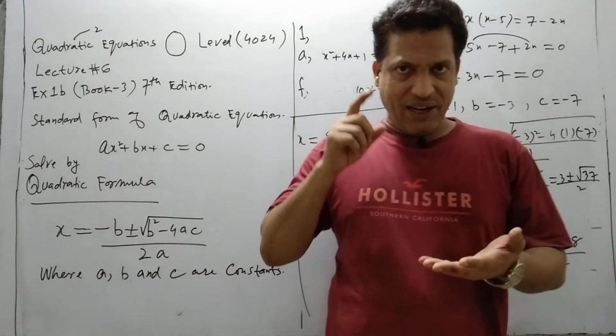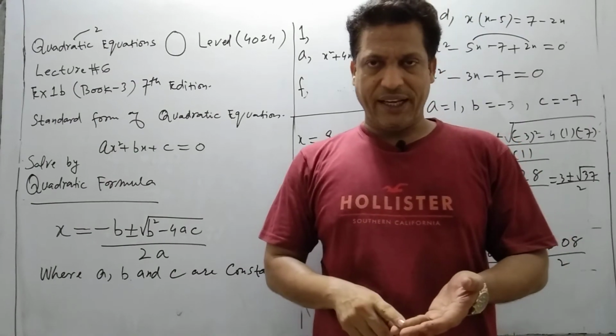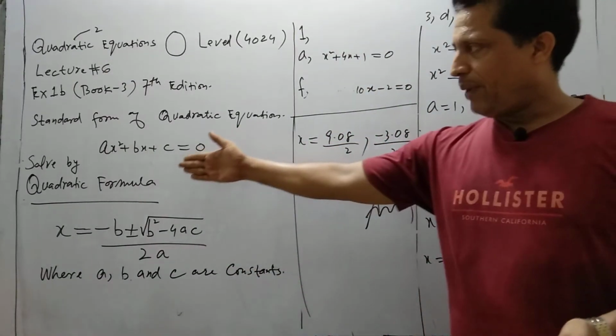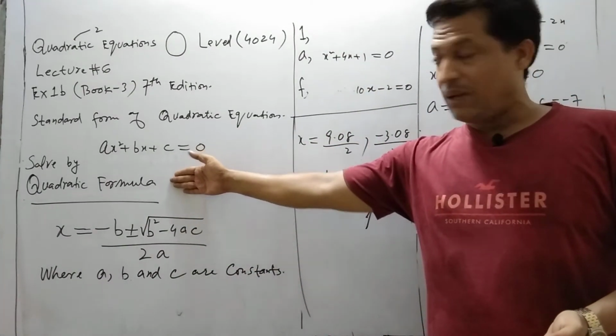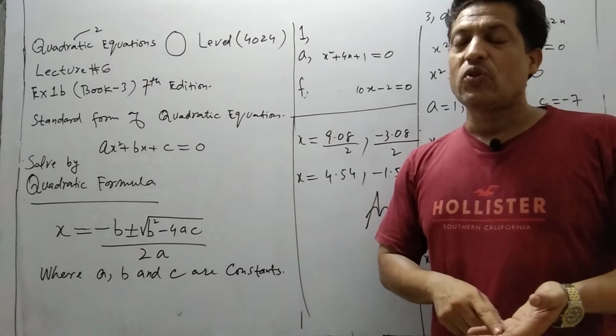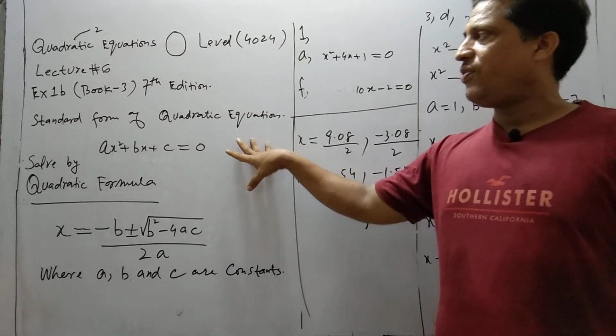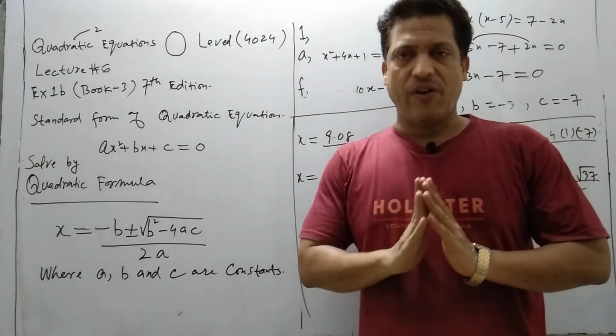We have already learned the method of factorization, the method of completing the square, and today the method of solving quadratic equations by the quadratic formula. And in the next lecture, I hope you will never miss it, we will solve quadratic equations with the help of a graph.